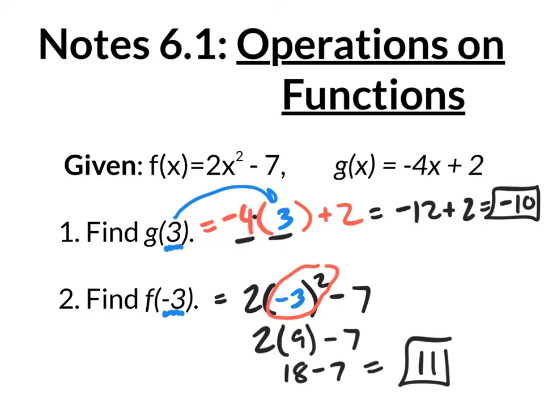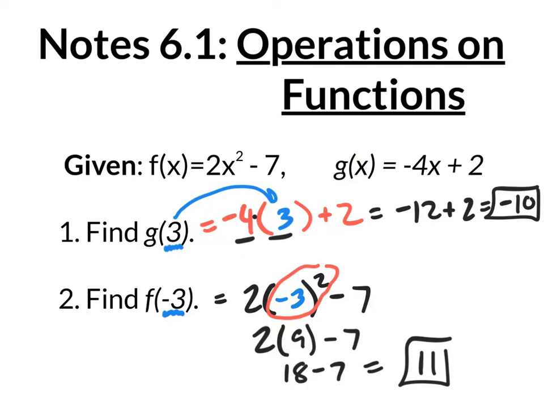What we're going to be doing today is different operations on functions. So instead of me telling you to plug in a -3 right here, or plug in a +3 right here, I want to tell you, add your f of x function with your g of x function, or subtract them, or multiply them. So there's different things that we're going to be doing.